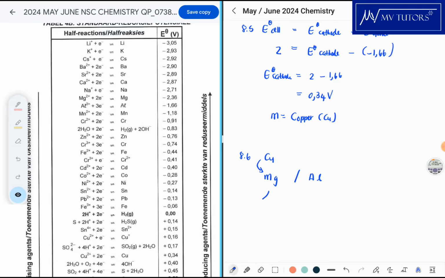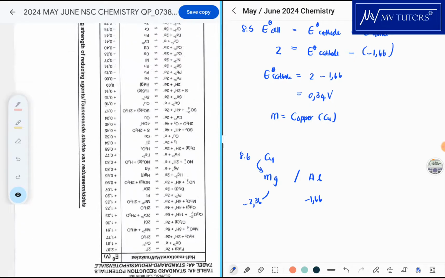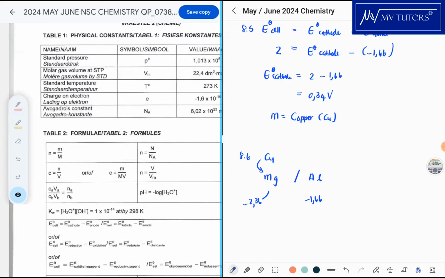Okay, so between magnesium and aluminium, magnesium is above aluminium. All right, so it has what? Negative 2,36, and aluminium, like we know, negative 1,66. Let's just go back to the question.